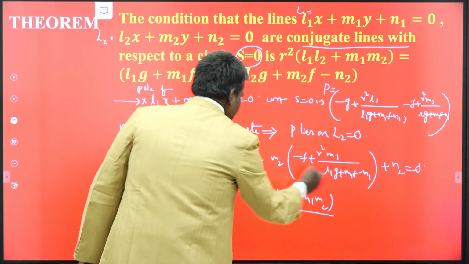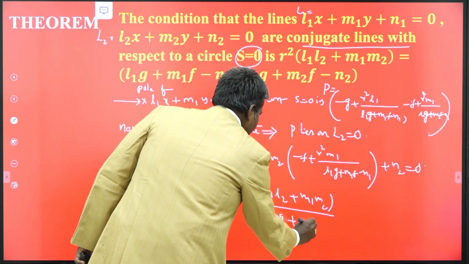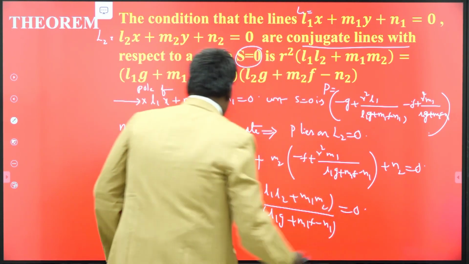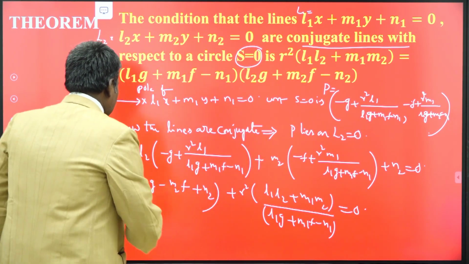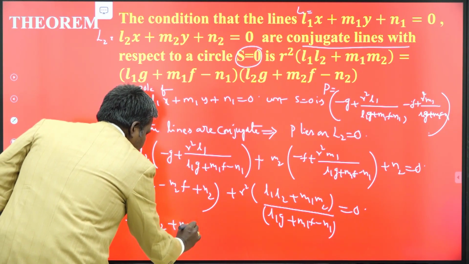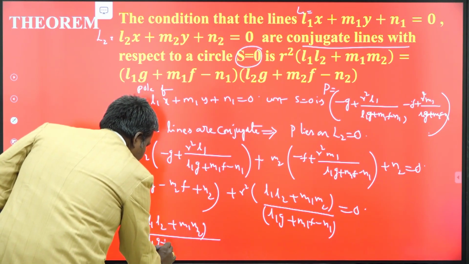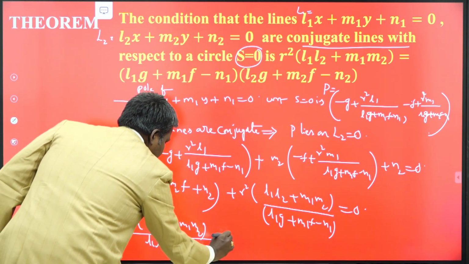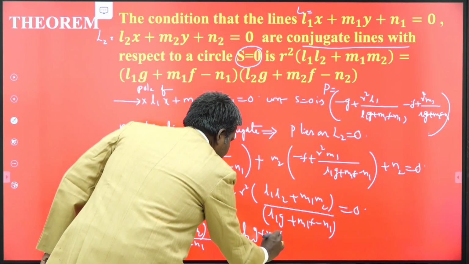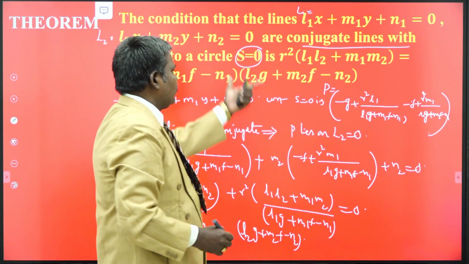The common denominator is the same for both terms, that is L1 G + M1 F − N1, and the sum is equal to 0. Take the term to the right side, we get R² (L1 L2 + M1 M2) / (L1 G + M1 F − N1) = L2 G + M2 F − N2. Understand? Just cross multiplying, we get the required result.